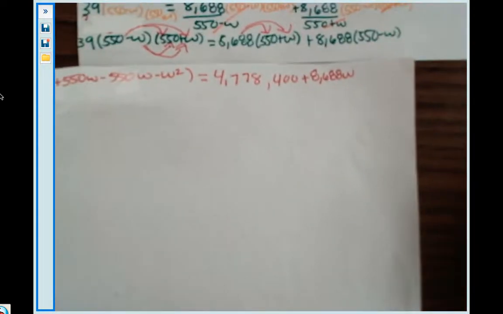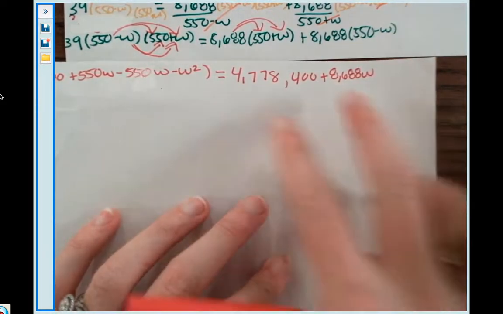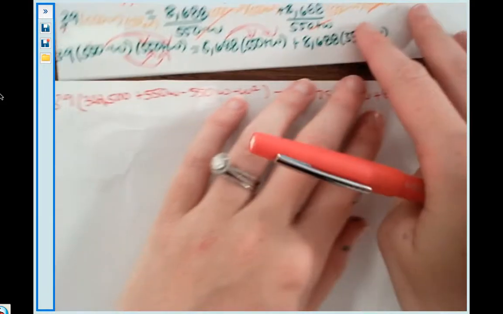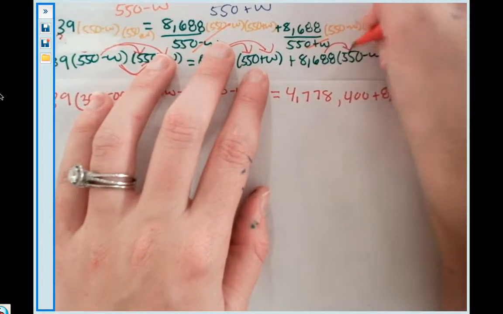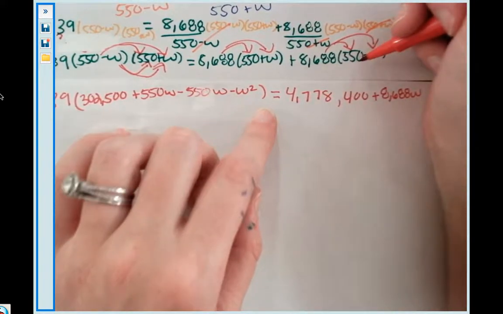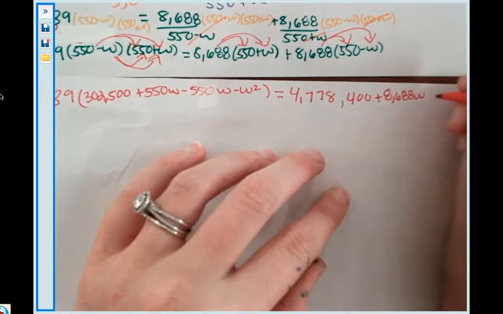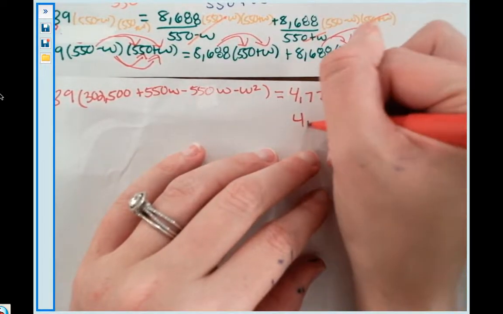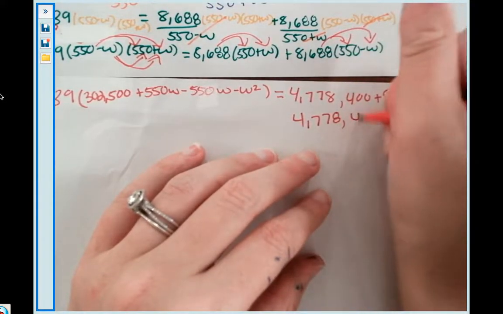All right, I'm going to do the same thing on this side, but I'm going to run out of space, so I'm just going to write it underneath, so just be careful, you guys. These big numbers are taking up a lot of space. So I'm going to distribute to each number. 8,688 times 550, like before, will give me plus 4,778,400.